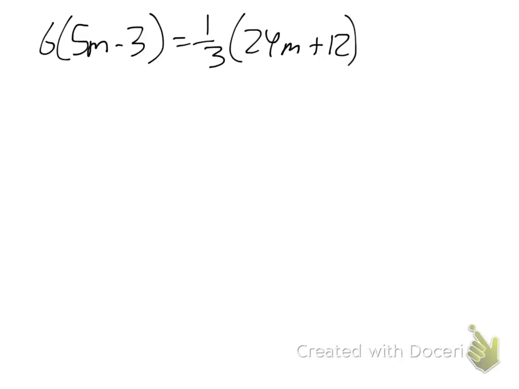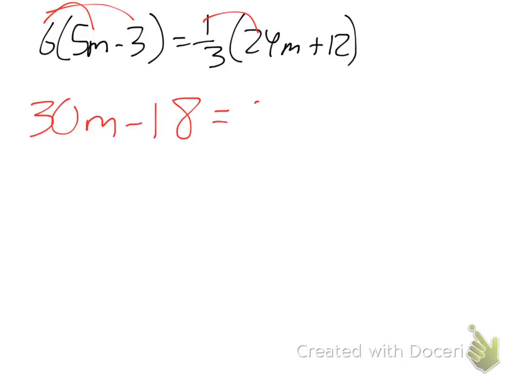So take the 6, multiply it to 5m to get what? 30m. Multiply it to negative 3 to get negative 18. And what's 1/3 times 24? Or what's 24 divided by 3? 8m.